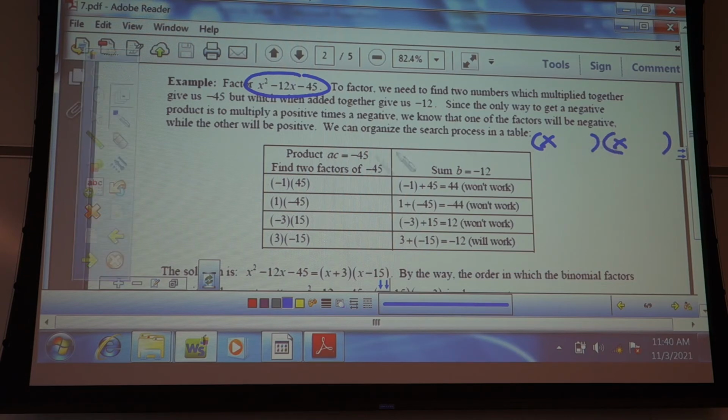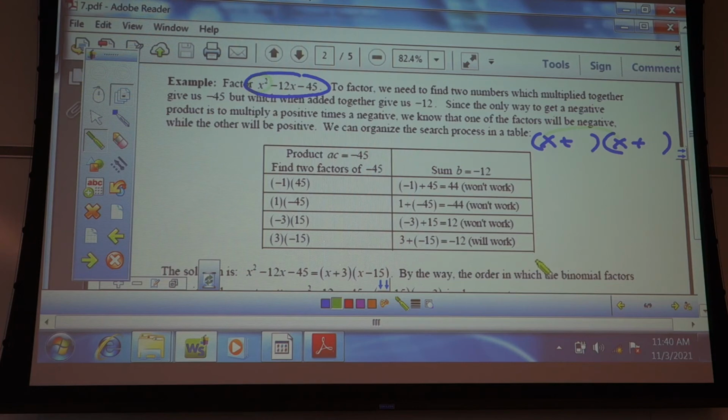We know that when we FOIL them, these two make the x squared part, and then these two combine to add up to make the x part, and then the two numbers being multiplied together make up that last part. Maybe I should make these a different color, because that would be useful. So these two pieces here, let's make them purple. This comes from whatever that is multiplied by that, and whatever the x is multiplied by the number.